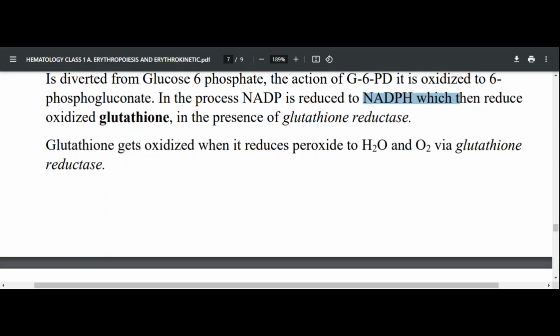Peroxide is an oxidizing agent, an oxidant. It can destroy cells because it can oxidize components of the cells, including proteins, lipids, and so on. So in this case, peroxide oxidizes glutathione when glutathione is trying to reduce it to water and oxygen.